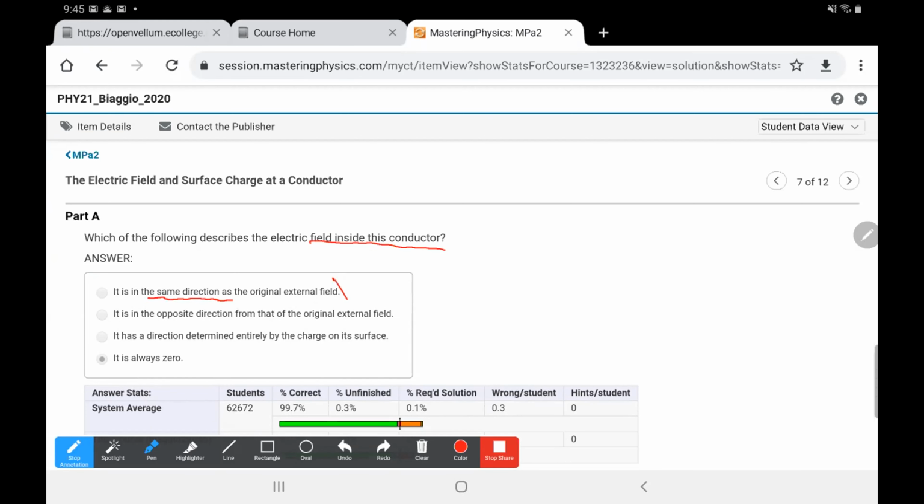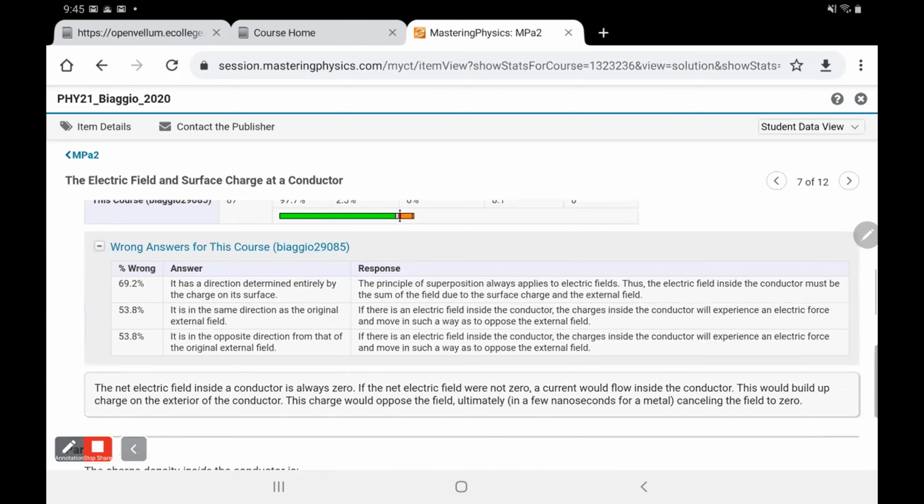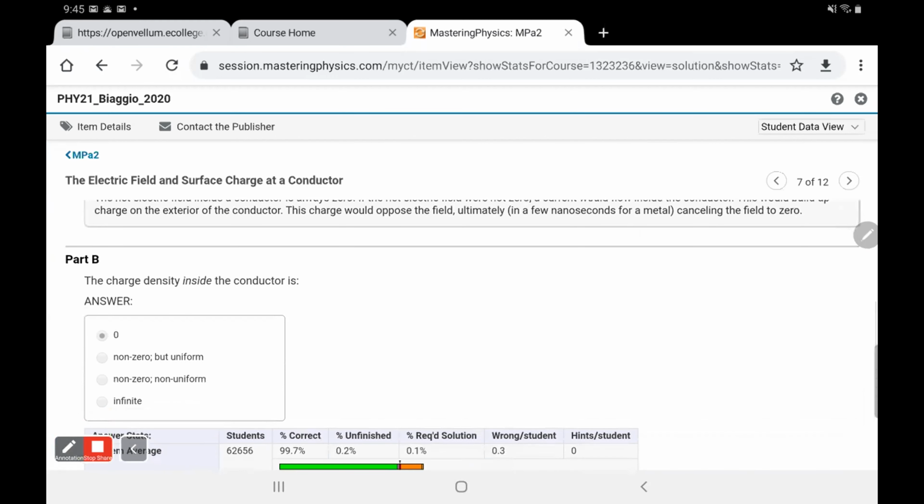This is not correct because inside the conductor, the electric field is equal to 0. If this is equal to 0, we don't talk about the direction. So this is not correct. This is also not correct. And this is not correct. So we only have this choice, and it's always 0. It's very important. And next question, what's the charge density inside the conductor?